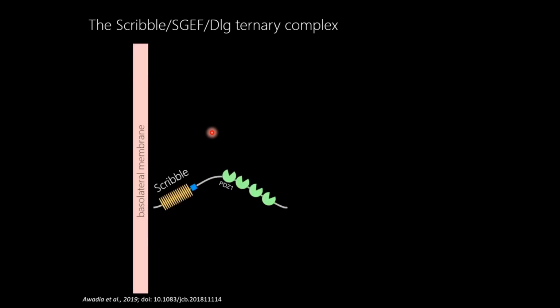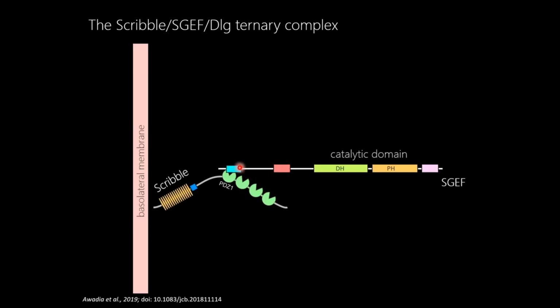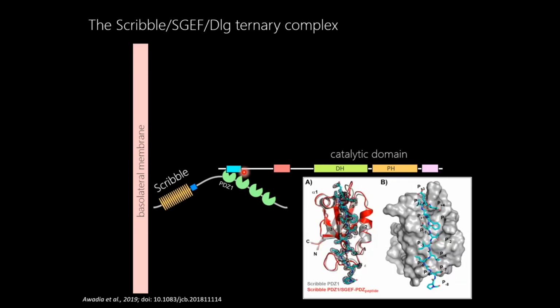We found that SGEF binds to scribble, and instead of binding through the tail, as we predicted, it binds through a new internal PDZ binding motif. Since this was a new binding domain, we characterized it, and we even got the crystal structure of it.